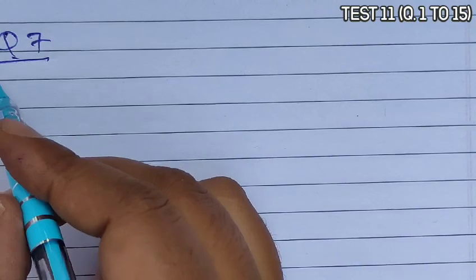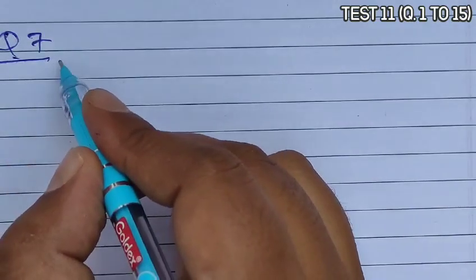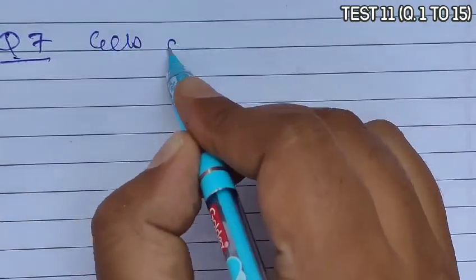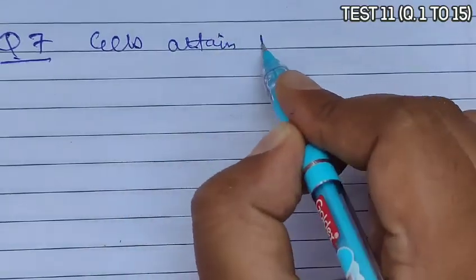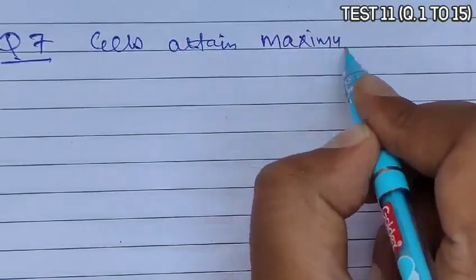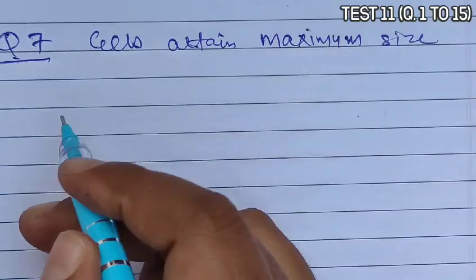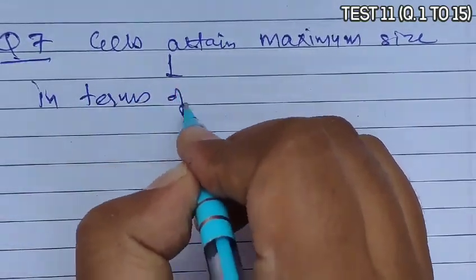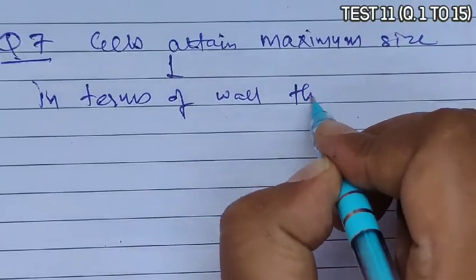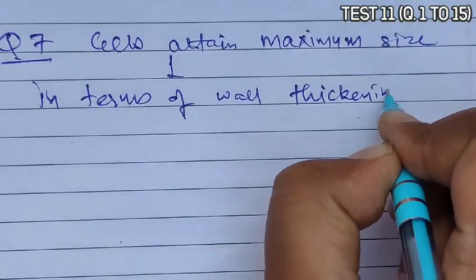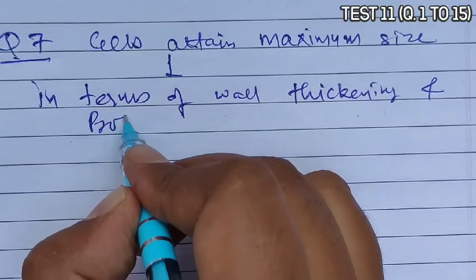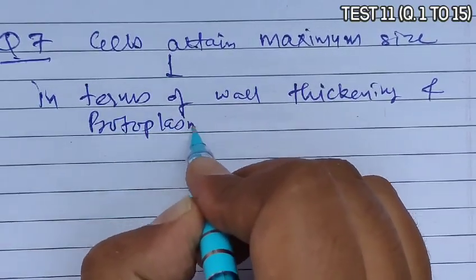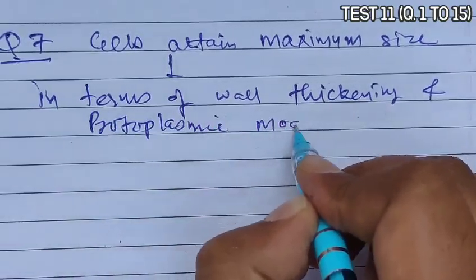Question 7. Question 7 asks that the cells in this zone attain a maximum size in terms of wall thickening and protoplasmic modification.